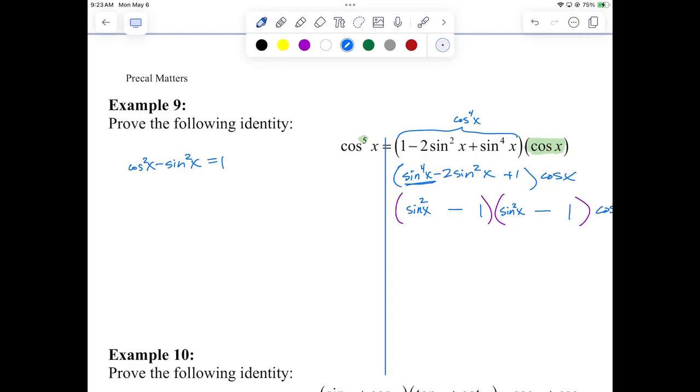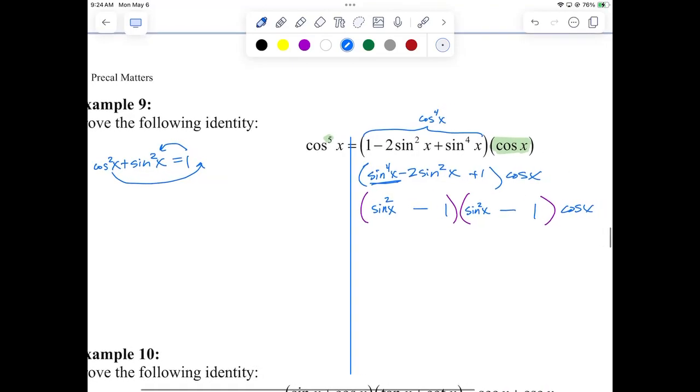Why don't we solve this? This is plus right here. I'm sorry, I wrote the wrong identity down. So sine squared minus 1 should equal what? Negative cosine squared. Yeah, I wrote the minus sign down. I was trying to already solve it in my head. So this is equal to negative cosine squared times negative cosine squared times cosine of x.